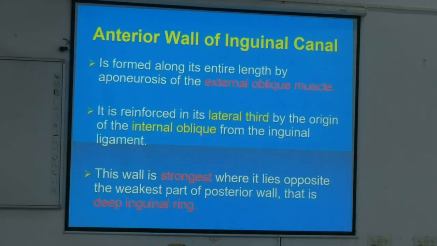Now we will discuss the walls of the inguinal canal. So, anterior wall of the inguinal canal, it is formed along its entire length by aponeurosis of the external oblique muscle, and it is reinforced in its lateral third by the origin of internal oblique from the inguinal ligament. Okay.